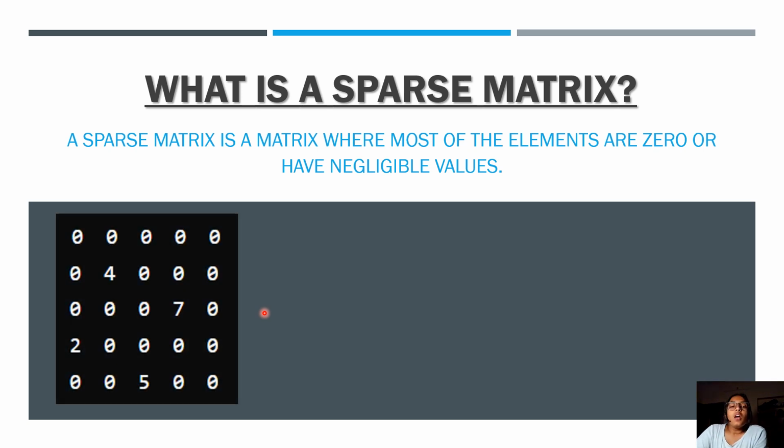So we have an example of a sparse matrix. As we can see, this is a classic 5 cross 5 matrix, but it has so many zero elements, and the number of non-zero elements is so small compared to the zero elements. We have 25 elements in this matrix and only 4 of them are non-zero. So when we store matrices like this in our system, it takes up the memory of almost 25 elements.